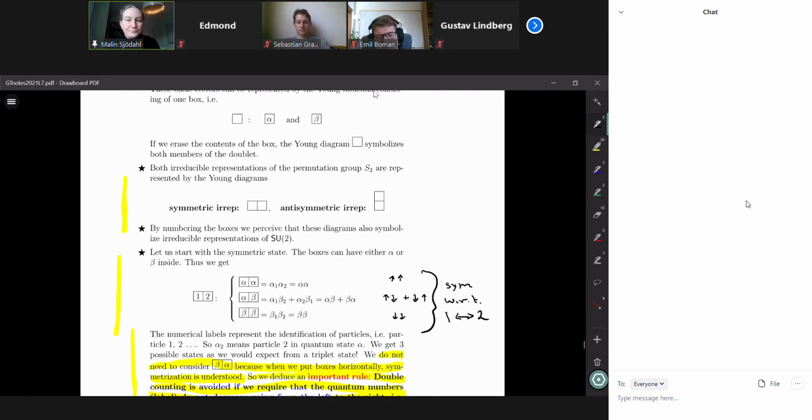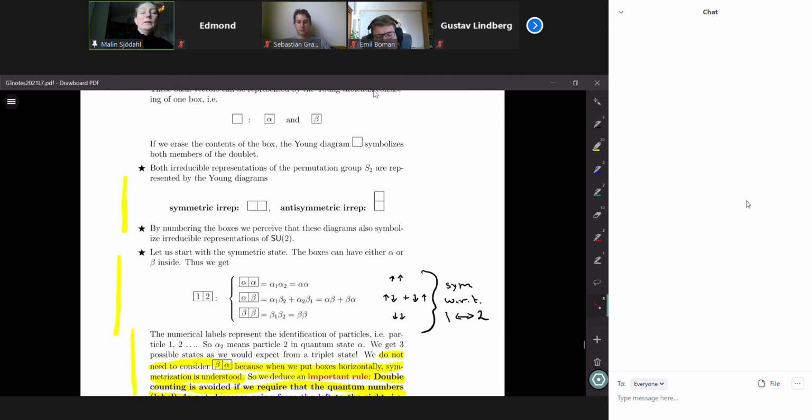So what I have here is 2 Young tableaus. Sorry, diagrams, to be picky, because there are no labels, so it's just diagrams.